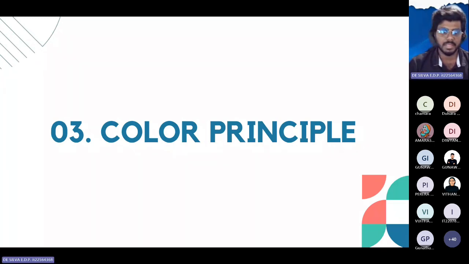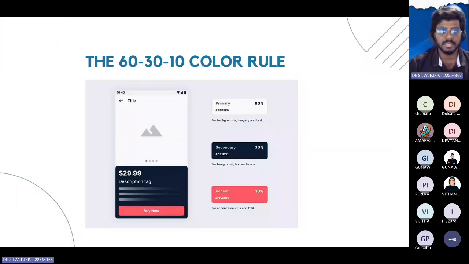Okay, there is a simple rule for applying color. It's the 60-30-10 color rule. In this picture, you can clearly see what this principle explains. The 60% is the dominant color. It's used for the primary backdrop of your design, and 30% of your design is used for the components as well.